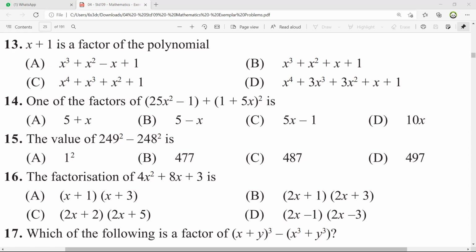Okay. So we see that if we put minus 1 over here, if we put A is equal to minus 1, or we can say X is equal to minus 1, because from here we can see that X is equal to minus 1. So if we put X is equal to minus 1 over here, and over here, and over here, and this is just a constant term. This will turn out to be minus 1 cube is minus 1.